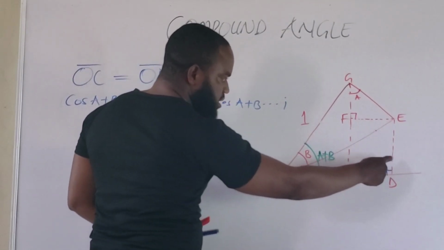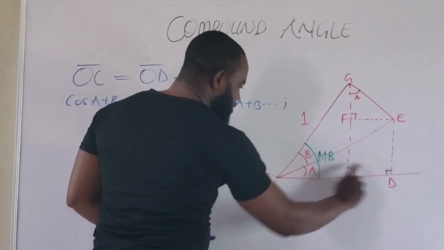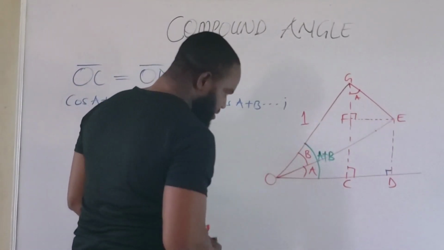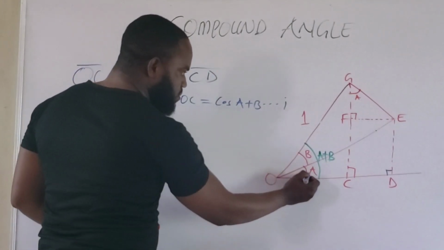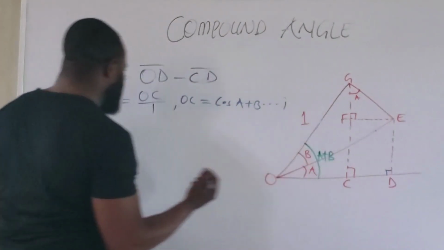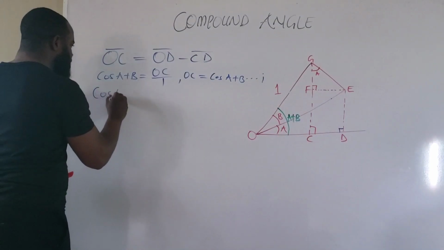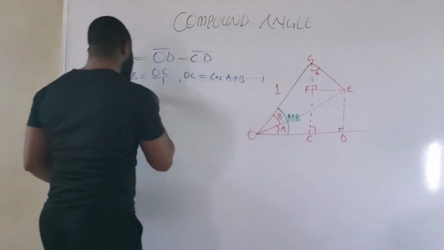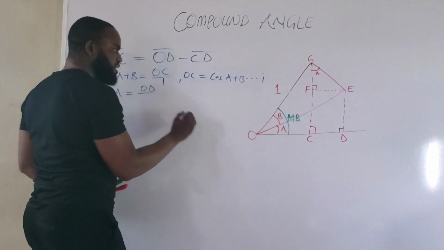You will also find that OD is a part of triangle ODE that has angle A in it. Now, from an expression that involves angle A and OD, cos A is equal to the adjacent, which is OD, divided by the hypotenuse.